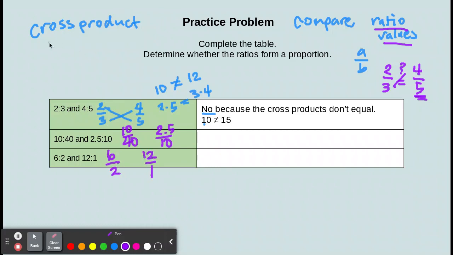So it's up to you if you want to use the cross product or if you want to compare ratio values. When you compare ratio values, make sure you're looking at fractions that are in their simplest form. And now that I've said that, I'm pretty sure I know which one most of you are going to choose.